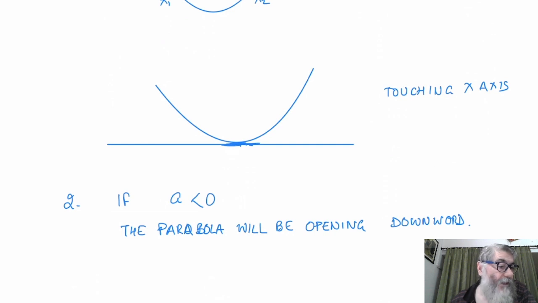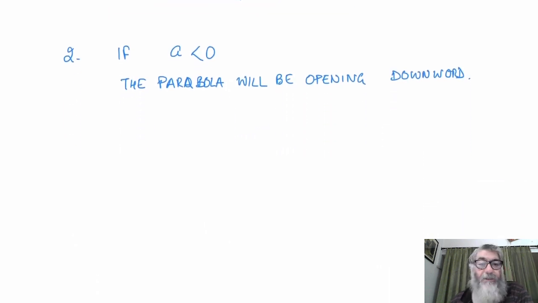When it is opening downward, then what happens? There are again three cases, as in the first case. I'll illustrate all the three cases.